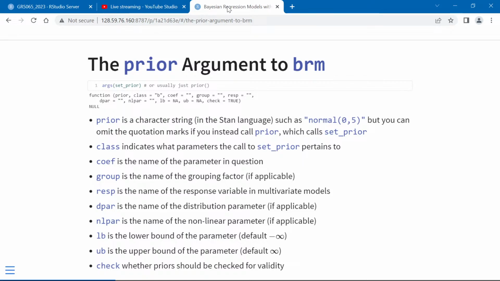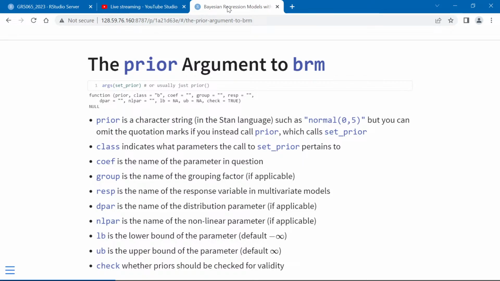And then there's a bunch of other arguments that collectively indicate what parameters this call to prior or set_prior pertains to. There's a class of parameters where you can specify the same prior for all of the things in that class, or if you need to be more detailed, you can specify the coef argument to indicate which parameter of the class things are pertaining to.